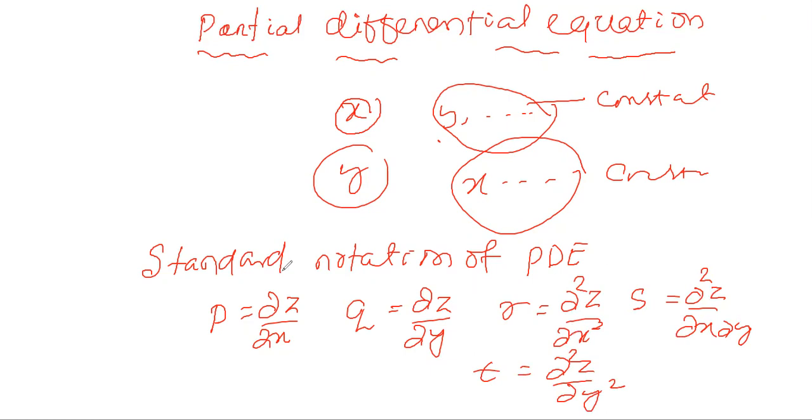Here P represents del Z by del X, Q represents del Z by del Y, R represents del square Z by del X square, S represents del square Z by del X into del Y, and T is equal to del square Z by del Y square. So that is the notation of the partial differential equation.